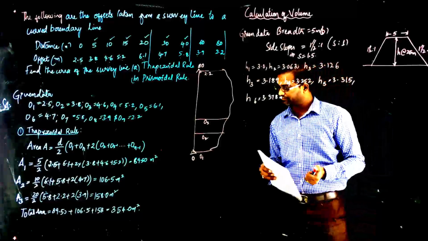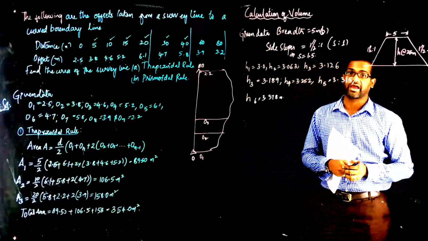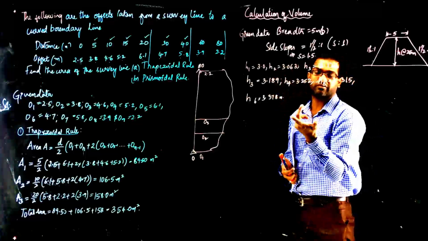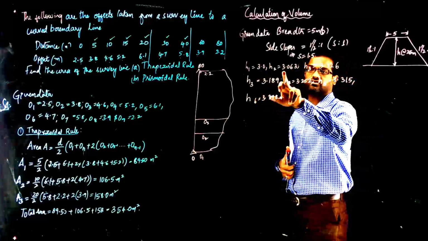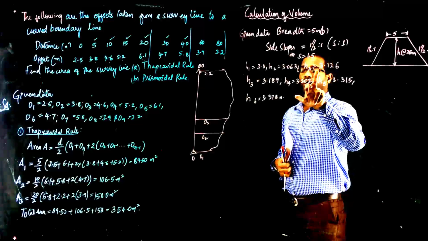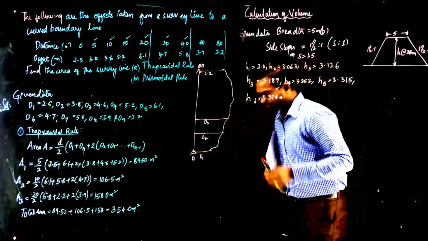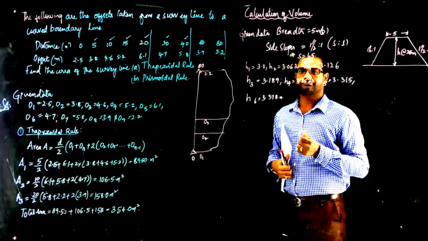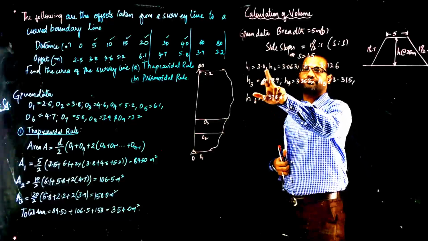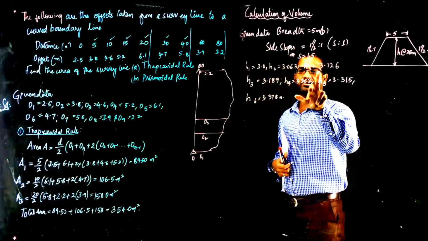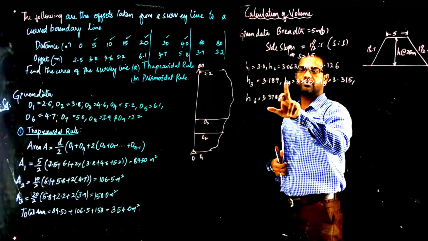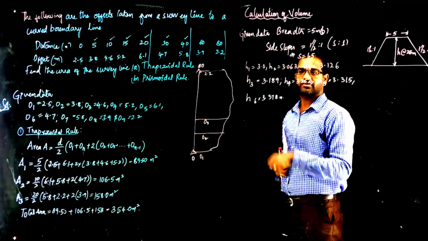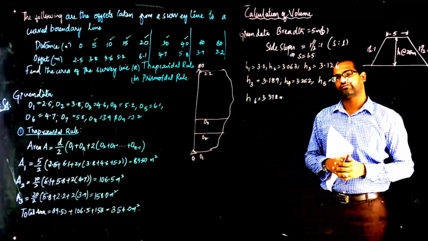These are the heights at 25 meters interval. The total length will be 150, taken at 0, 25, 50, 75, 100, 125, 150 meters.